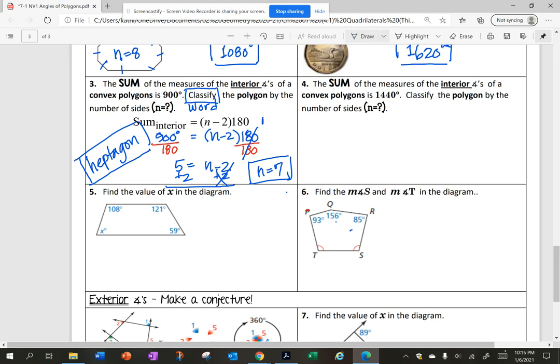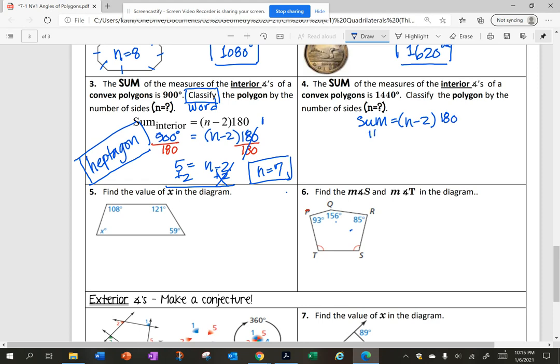All right, how did you do? So we'll start out with the sum of the interior angles of a convex polygon is 1,440 degrees. Classify the polygon by the number of sides. So my sum equals n minus 2 times 180.